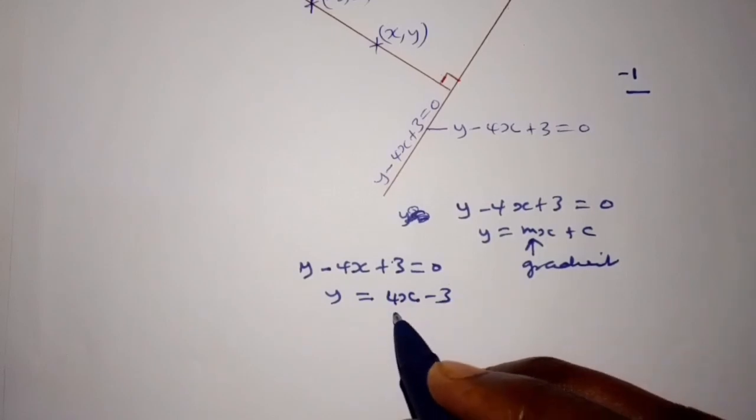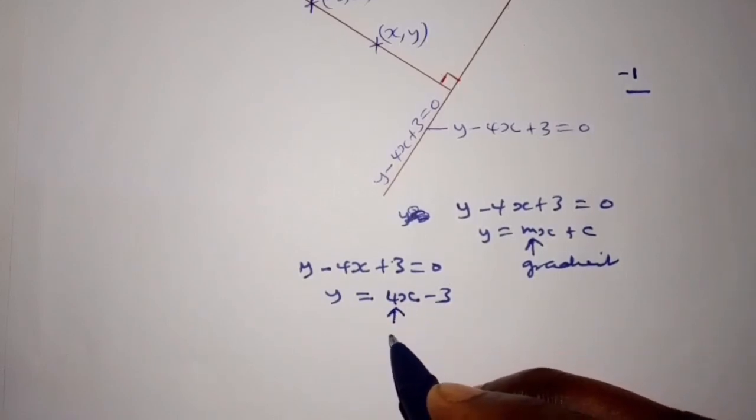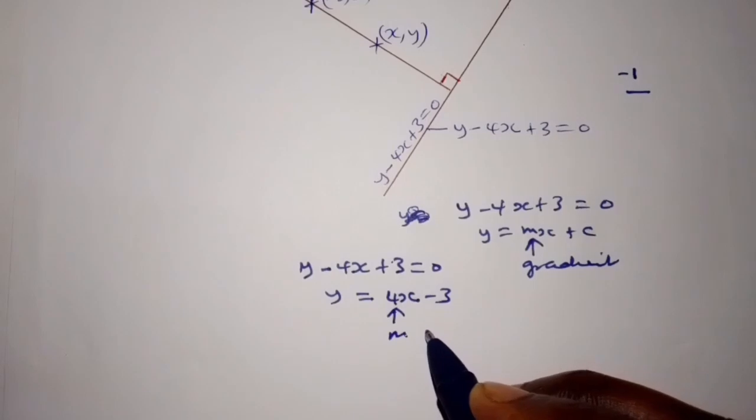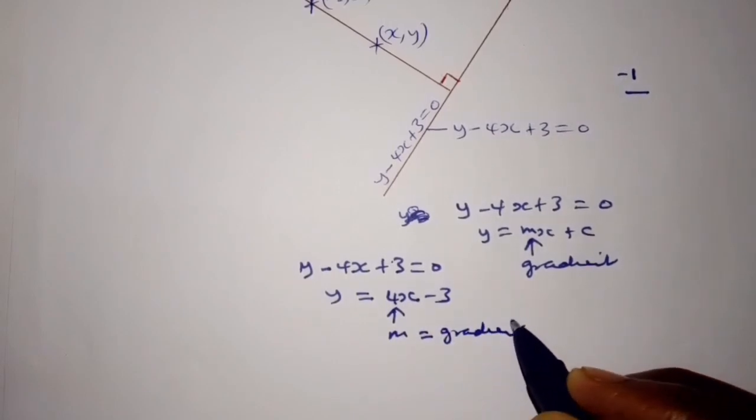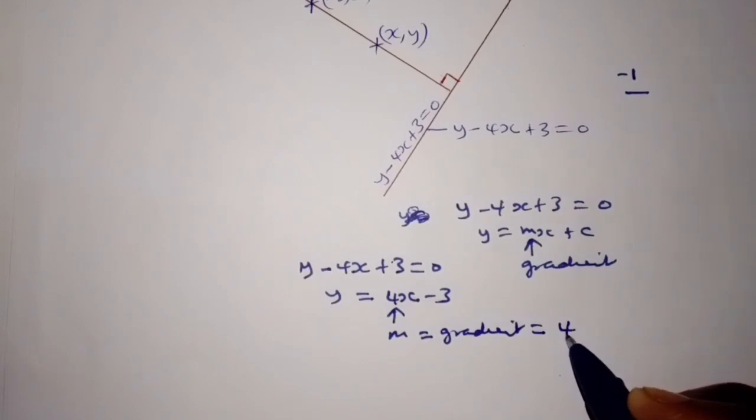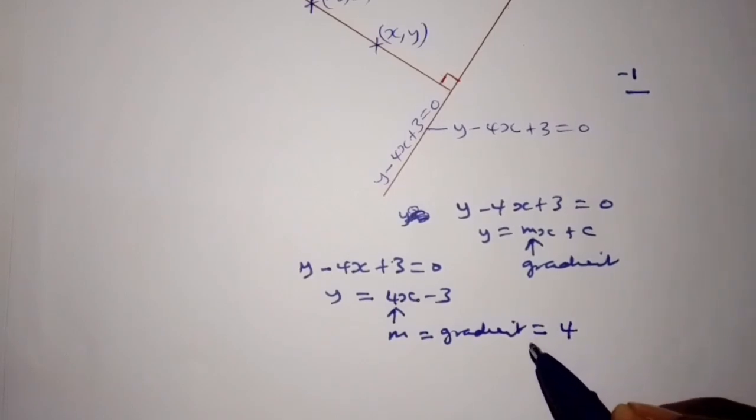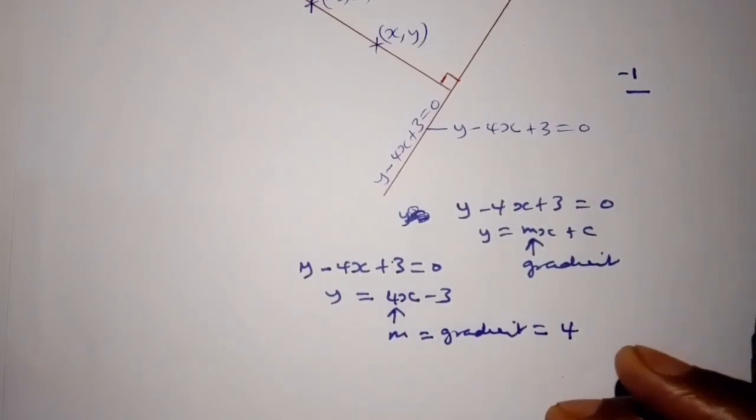From here, our m, which is the gradient, is equal to 4.